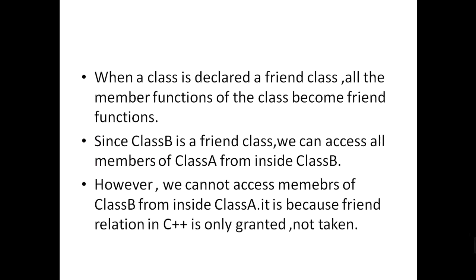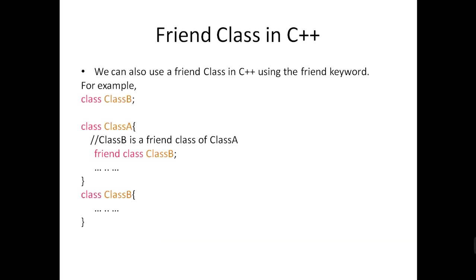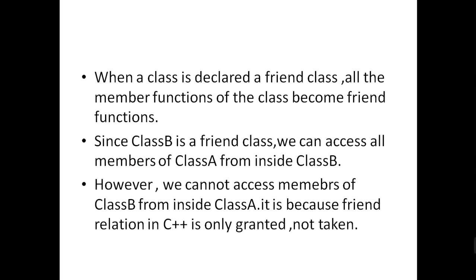When a class is declared a friend class, all the member functions of that class become friend functions. Suppose we declare class B a friend class, we can access all members of class A from inside class B. Okay, here you see class B is a friend of class A. That's why class B is a friend class.